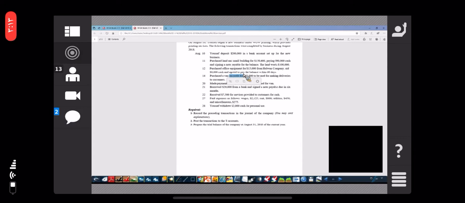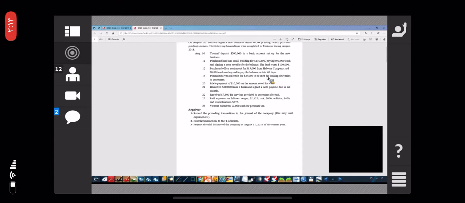Without payment of cash. Purchases on credit means you will have assets but without payment, which means you will pay after sometimes.